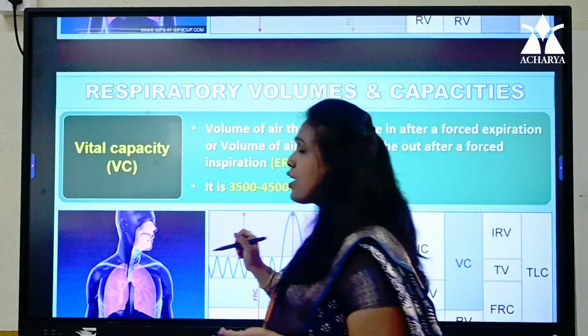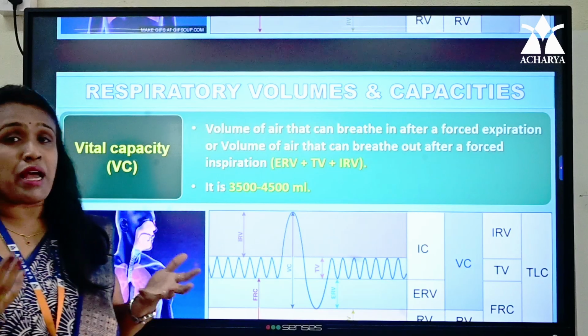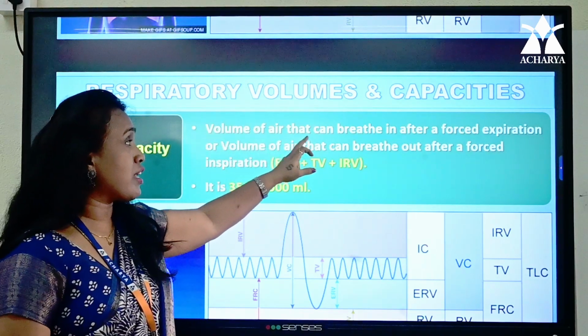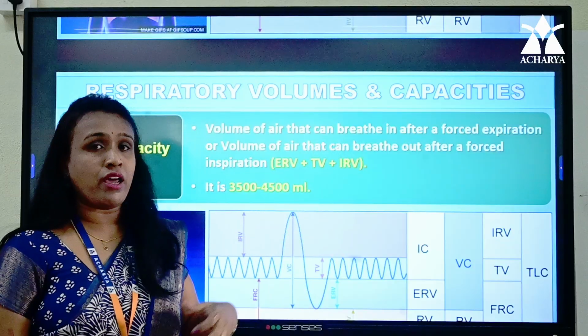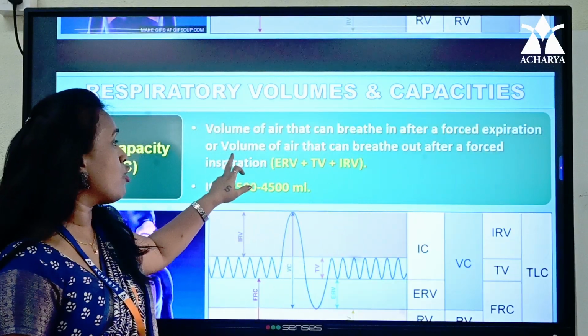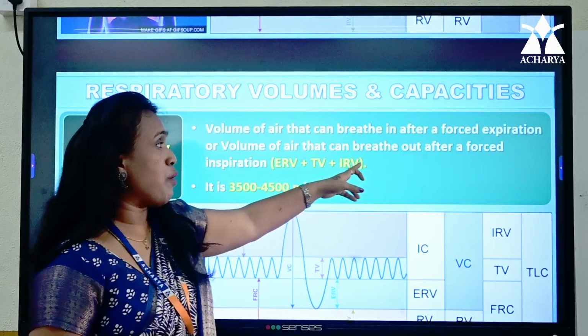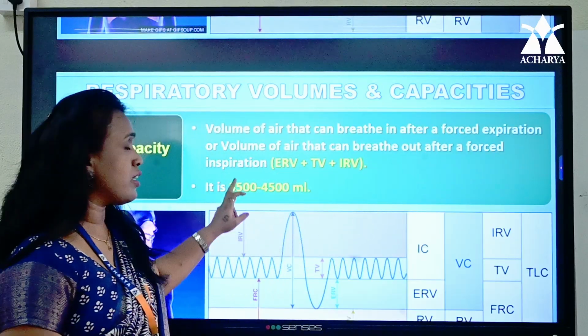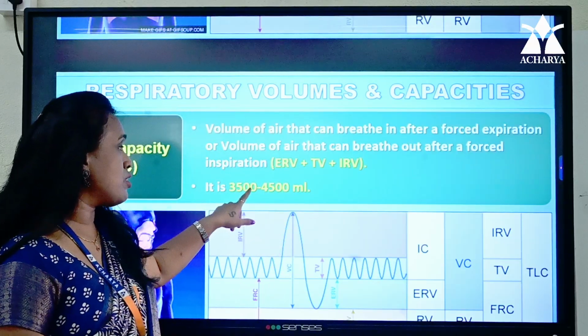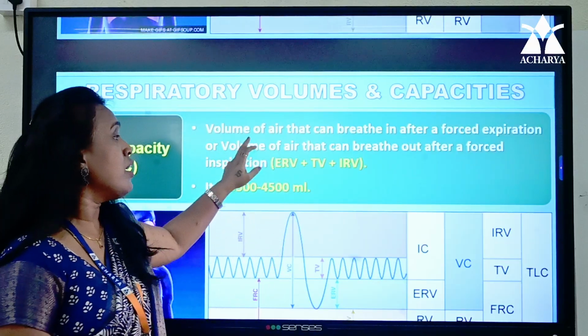Next comes vital capacity, that is the capacity of our lungs to hold the air. So it is the volume of air that can be breathed in and held after a forced expiration, or the volume of air that can be breathed out after a forced inspiration: ERV, TV and IRV. So that is 3500 to 4500 ml.